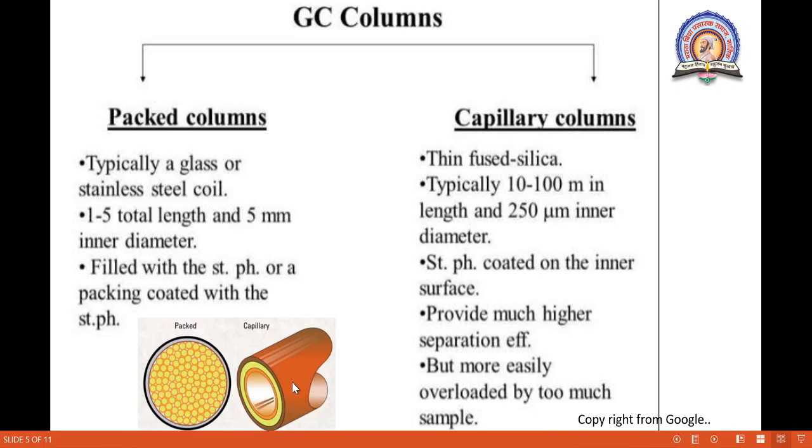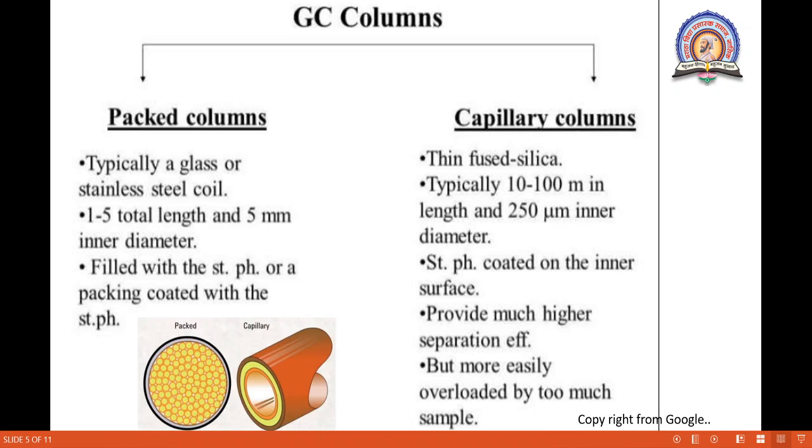Okay. While the capillary column is a thin fused silica, typically 10 to 100 meter in length and 250 micrometer in inner diameter. The stationary phase is coated on the inner surface. This stationary phase coated on the inner surface provides much higher separation but is more easily overloaded by too much sample.